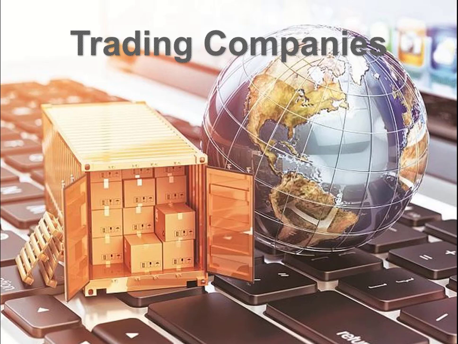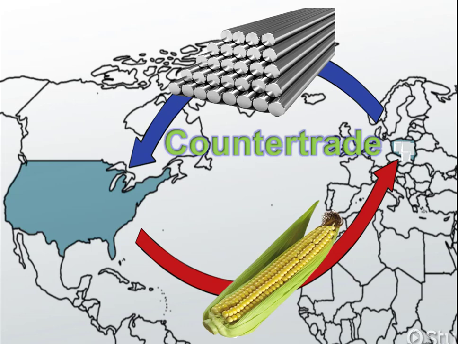Now we'll talk about counter trade, which is an international barter transaction in which goods and services are exchanged for other goods and services. An example, and I'll just use Pioneer Seeds here: Pioneer wants a barter where it sells corn that is grown here in the U.S. to Finland in return for steel so they can build storage buildings.